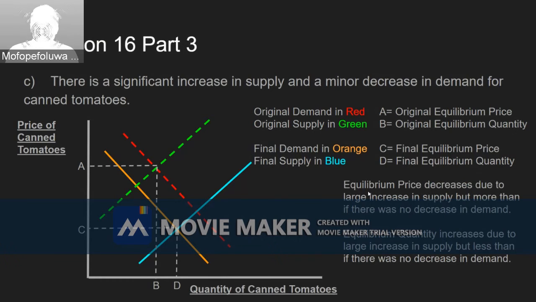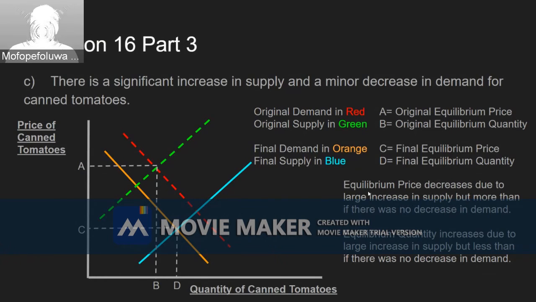This comes together to create a large decrease in the equilibrium price, but a small increase in equilibrium quantity. The decrease in equilibrium price is greater than what would have occurred if there was no decrease in demand, but the increase in equilibrium quantity is smaller than what would have occurred if there was no decrease in demand.